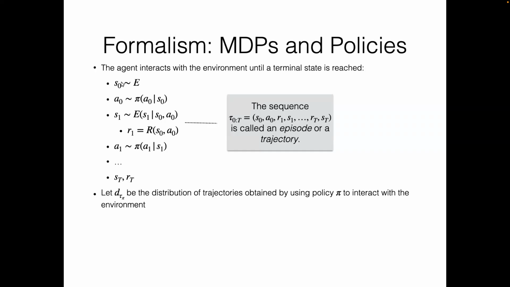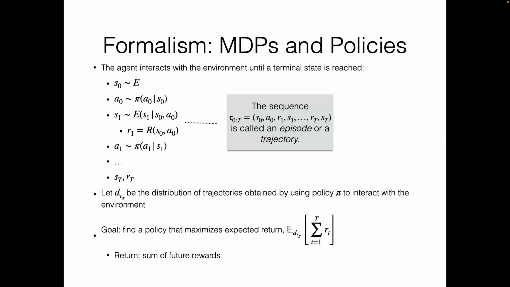Maybe there are different starting states, like different game states, and so you can get a distribution of interactions, or a distribution of trajectories. The goal will be to find or learn some policy which maximizes the expected reward, or expected return, while interacting with the environment.